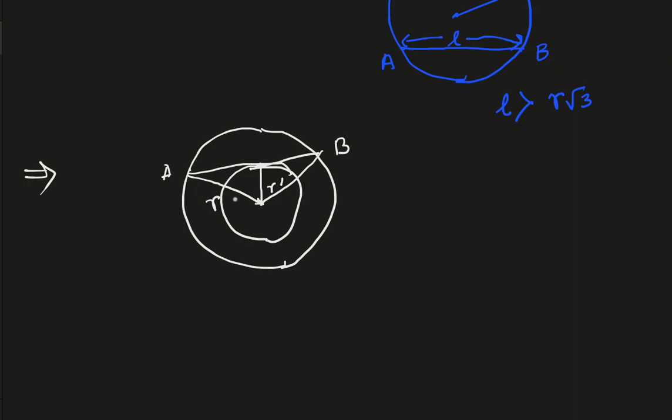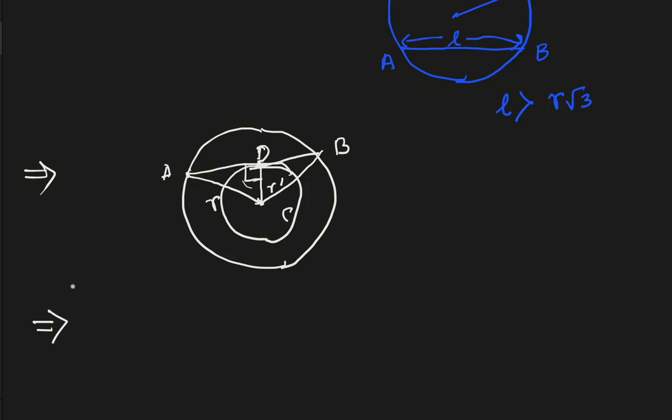and this is r. Since this AB is a tangent to the smaller circle at C, this angle will be 90 degrees. This is r prime, this is r. So what is the distance between these 2 points, suppose A and D?